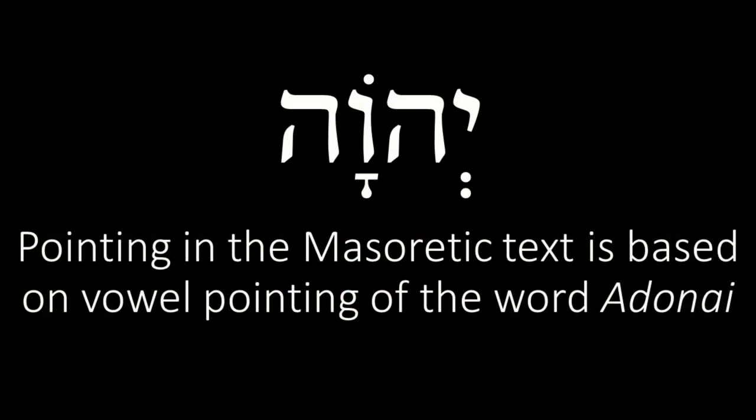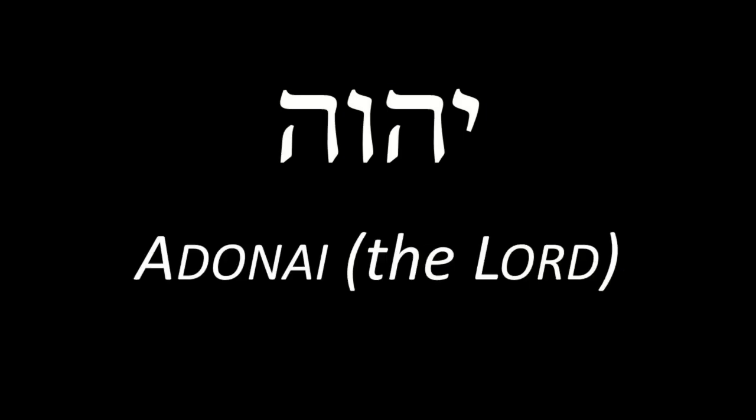Again, these are all based on possible ways of arranging the Hebrew sounds. But the pointing actually comes to us from the word Adonai. Those are the vowel points that Adonai would have, and we just overlaid those over the Yud, Hey, Vav, Hey, but we still don't say it other than saying Adonai, which again is Hebrew for our Lord.